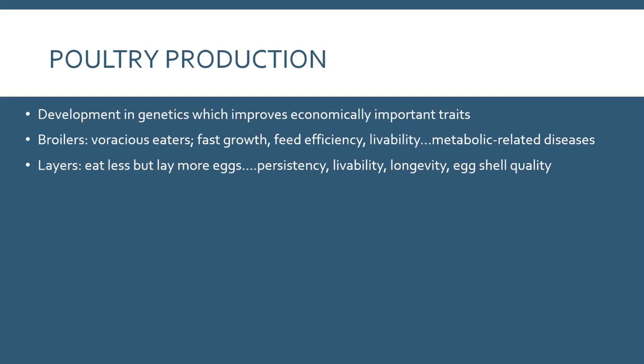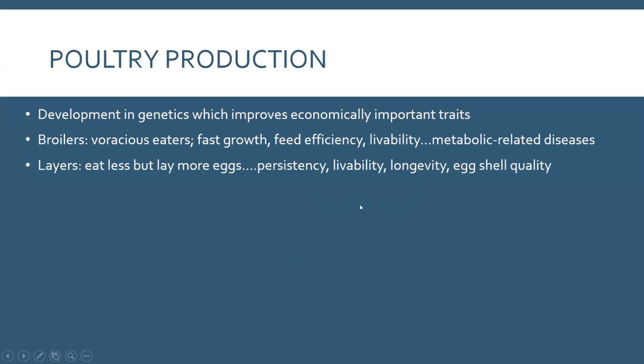And we want the layers to have good persistency. That means the laying rate or the production period of the layers would be extended in such a way that the peak production and the high production rate will last for a long time. So that is everyone's goal for their layers or for laying hens.